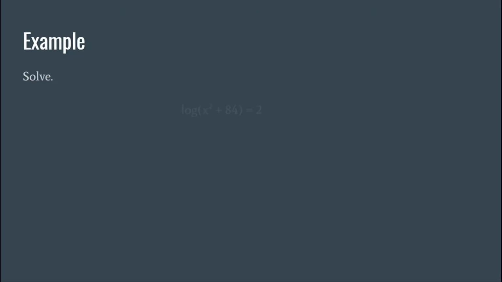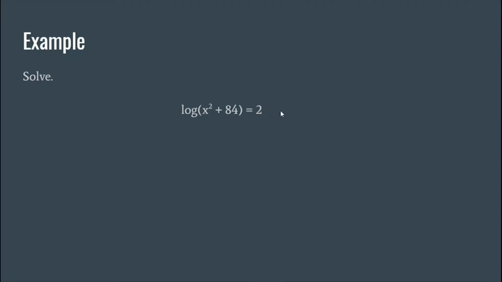Okay, let's try another one. Okay, so now here, if you saw my logarithmic functions video, you'll know that if you don't see a base, this is automatically known as a common log, and common logs have a base 10.